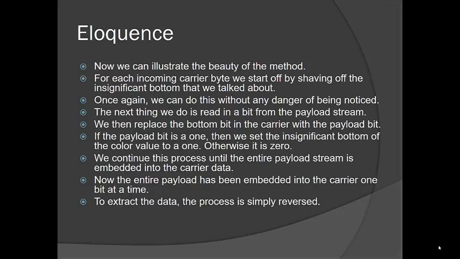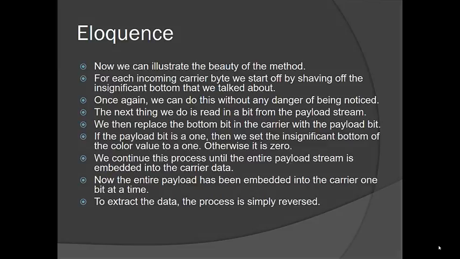Now we can illustrate the beauty of the method. For each incoming carrier byte, we start off by shaving off the insignificant bottom that we talked about. Once again, we can do this without any danger of being noticed. The next thing we do is read in a bit from the payload stream. We then replace the bottom bit in the carrier with the payload bit.